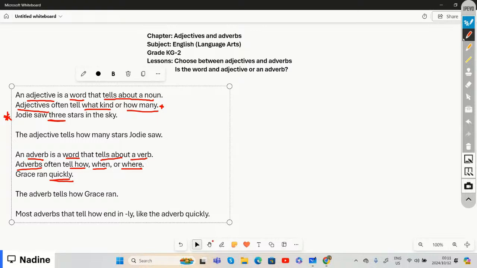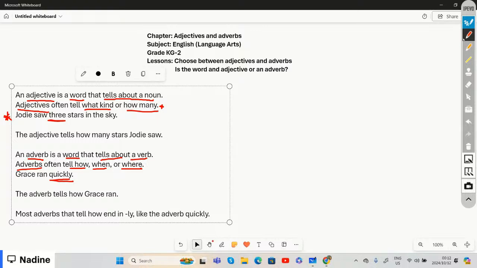All right. So remember adverbs and adjectives, it is not a noun and it's not a verb. They describe the noun or they describe the verb. So adjectives describe the noun, adverbs describe the verb. They are not the actual verb, they're not the actual noun. They only describe, but they tell us about either the noun, sorry, or the verb.